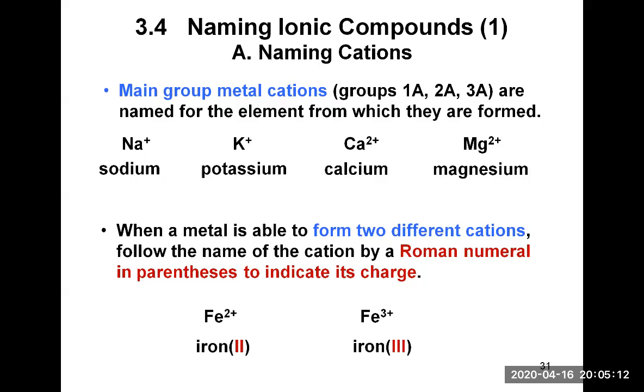Iron often is a 2+ ion or a 3+ ion. To indicate that the compound contains the iron 2+ ion, in the name we will use iron(II). The II here is the Roman numeral for 2, like 2 capital I's. Fe3+ is iron(III). So the Roman numeral in parentheses indicates the charge.